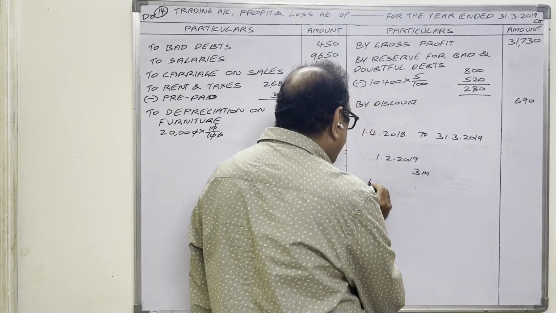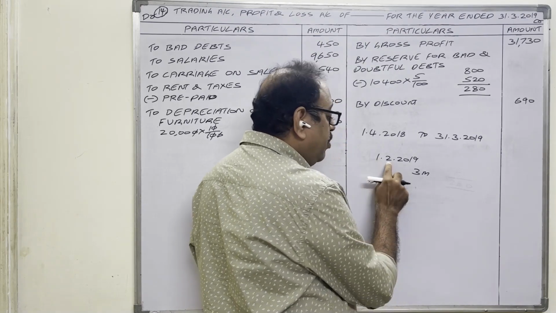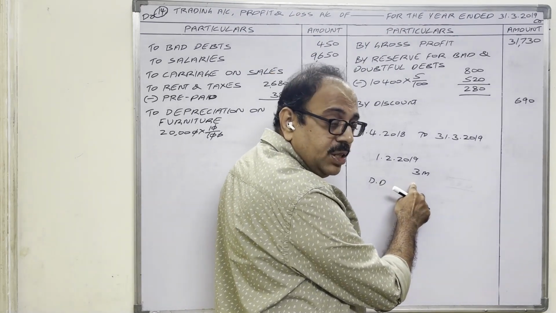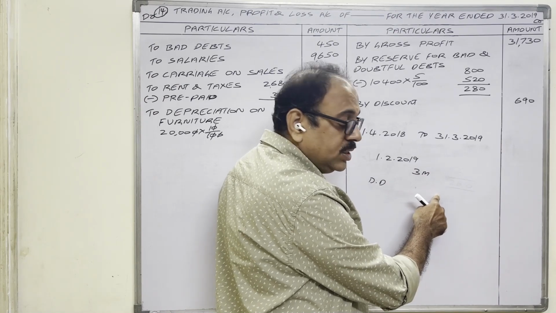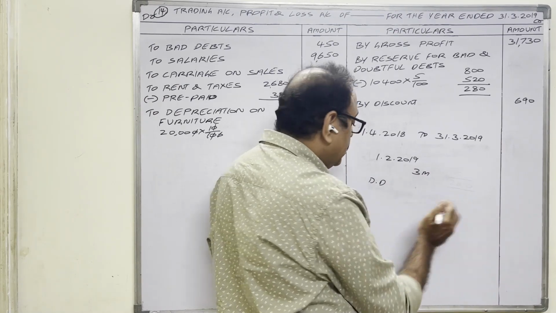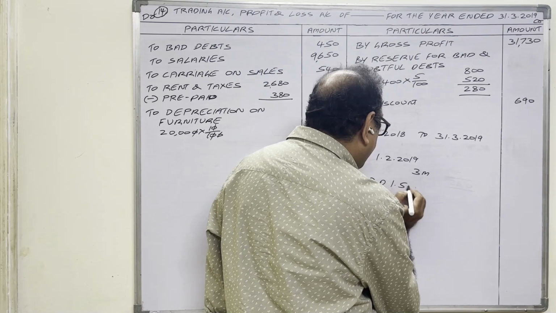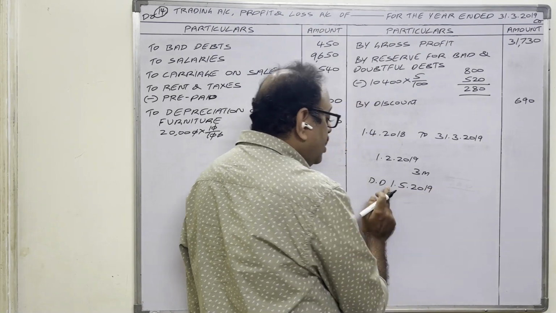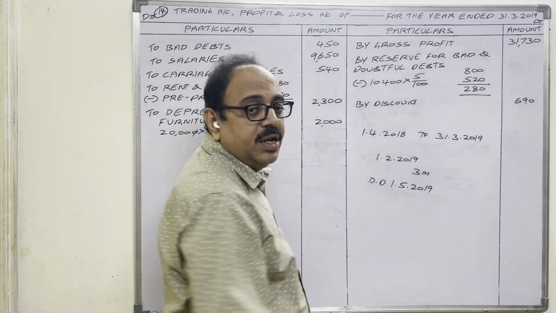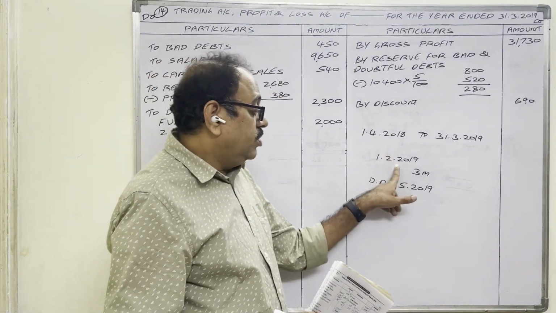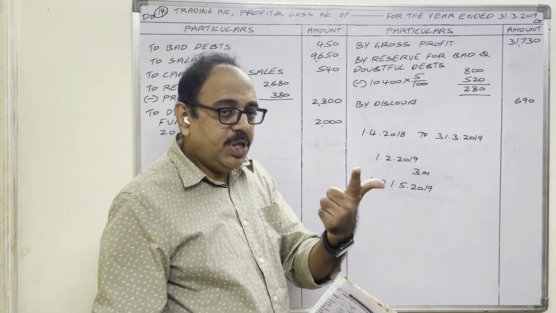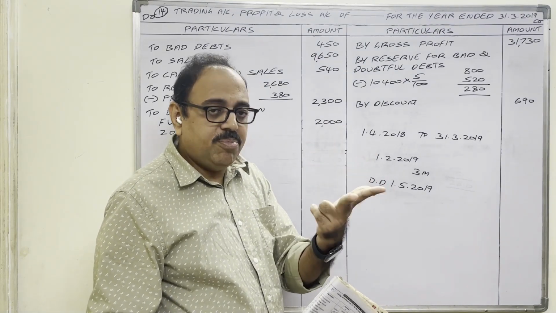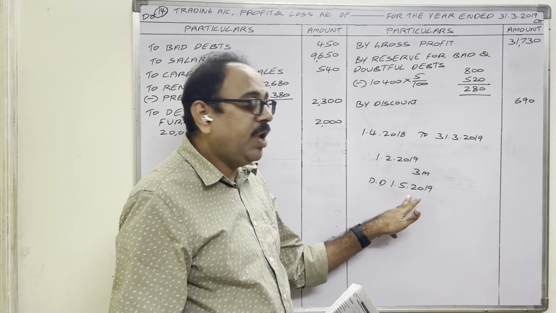Then the due date will be: 1st February to 1st March 1 month, 1st April 2 months, 1st May 3 months, 1st May 2019, nothing but 30 April 2019. So February month, March month, April month, 30 April. In other words, 1st May, both are the same only.